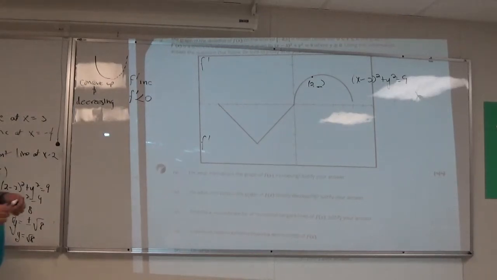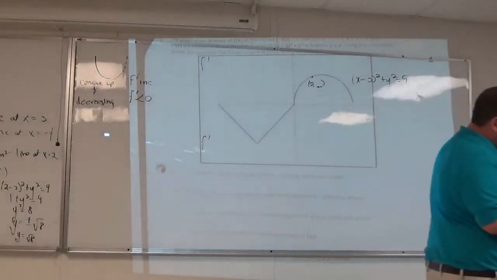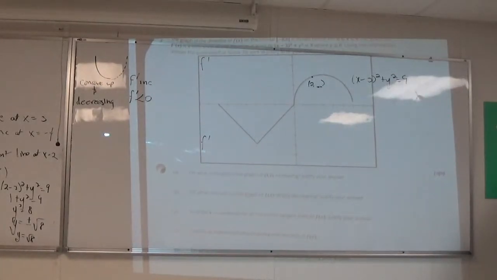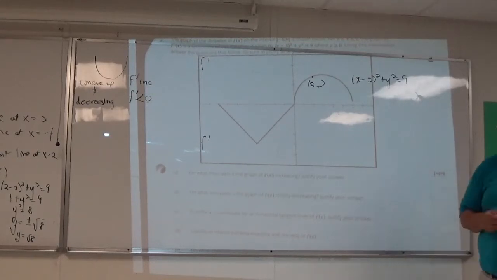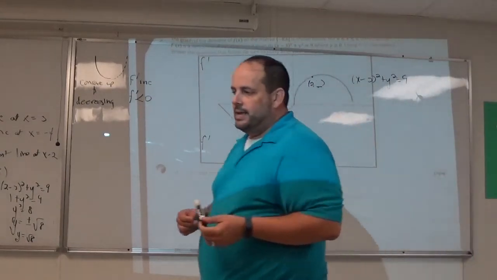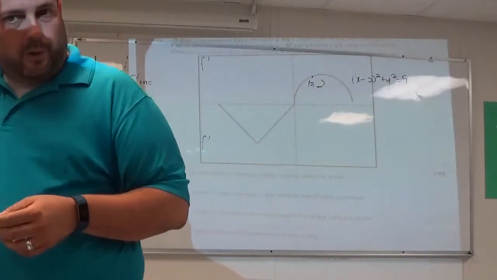Juan, how you doing? Okay, last one, we got 1 minute. On part I, use your answer from part H, estimate the value of f of 2.4. Get me the estimate for f of 2.4.